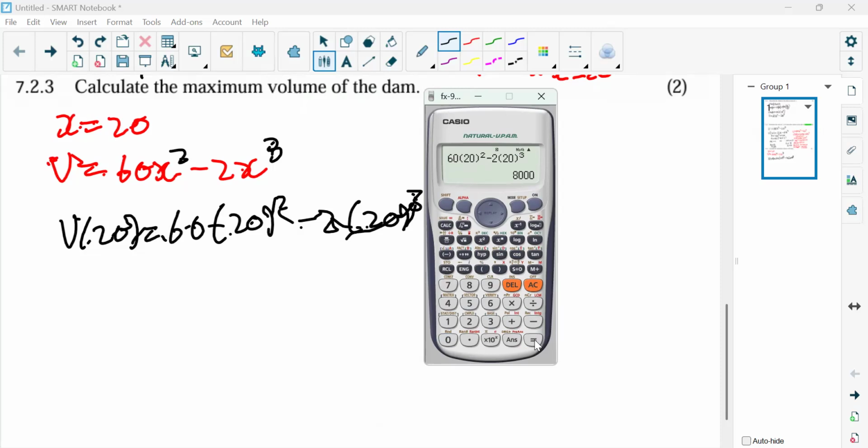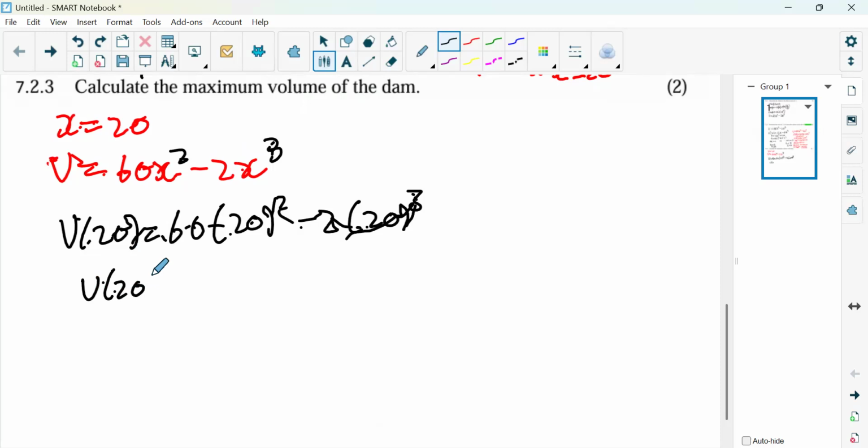By which our answer is 8,000. That means our V20 is equal to 8,000. So now we found our maximum volume of the dam. That means we're going to put our solution to the senior marker. While we do that, we're going to play our math song, and then we keep on dancing.